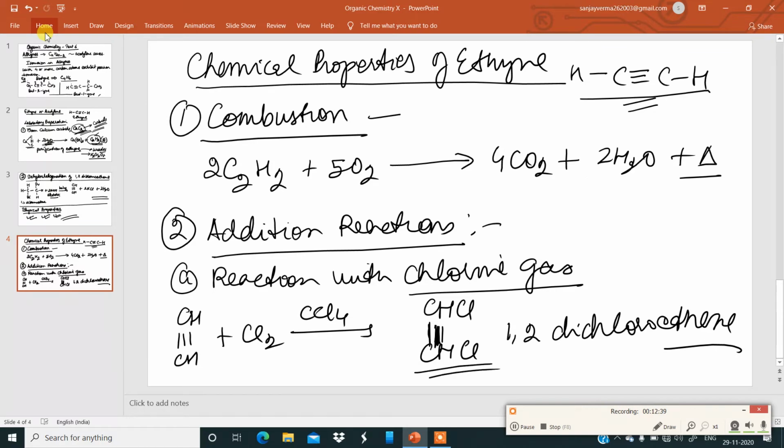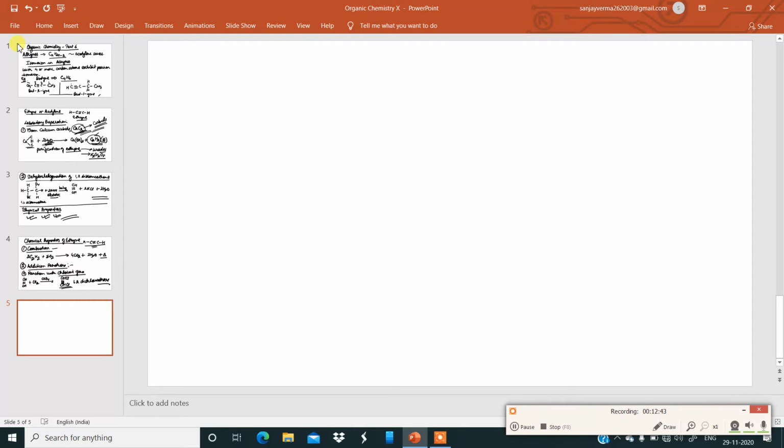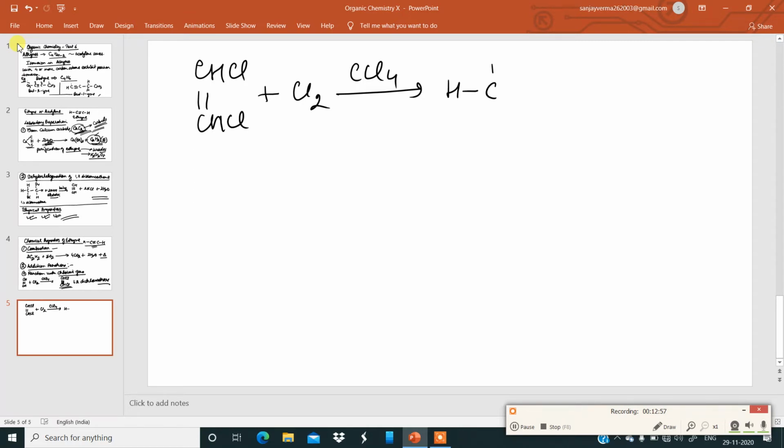Now this 1,2-dichloroethene, CHCl double bond CHCl, further reacts with the chlorine in the solvent, and then it forms over here HCCl2, CCl2H. This compound is formed finally.